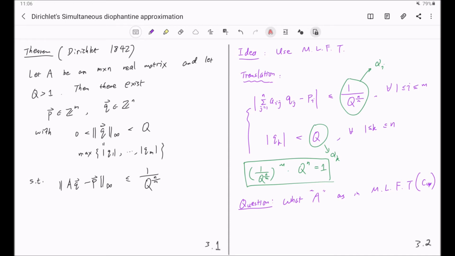What do you think the m plus n by m plus n matrix A will be, as in the corollary of the linear form theorem? This is the most interesting part of this proof. I'll let you think about it on your own for a while, and I will tell the answer anyway, later.